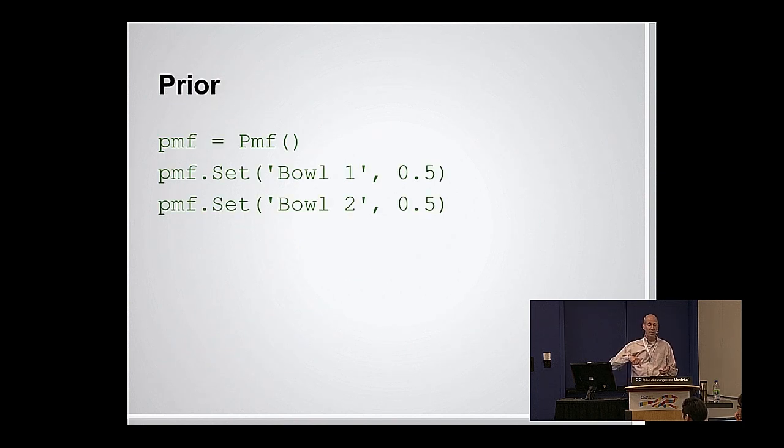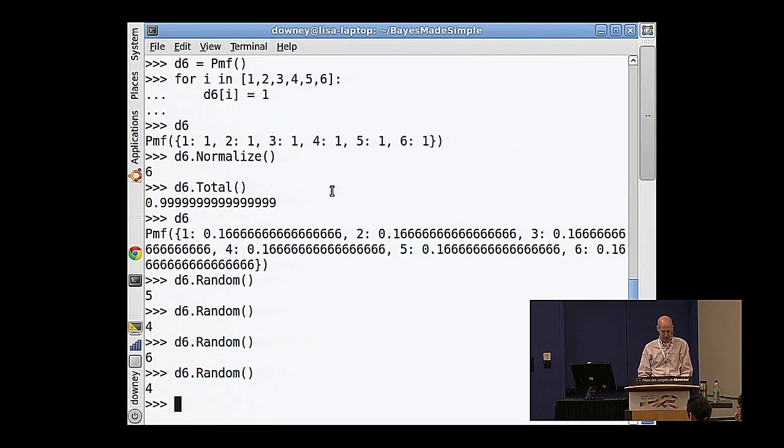If you create a new PMF object, set two hypotheses. In this case, I'm using strings to represent the hypotheses. Any type that can be put into a Python dictionary, so any hashable type, can be used to represent your hypothesis. In this case, it's just a string, so it's more like a token that represents which hypothesis. I'm going to start out with two equal hypotheses, so I'll have a new PMF.